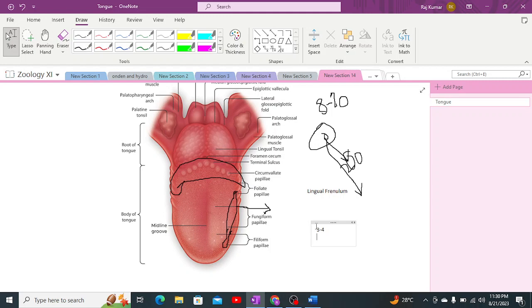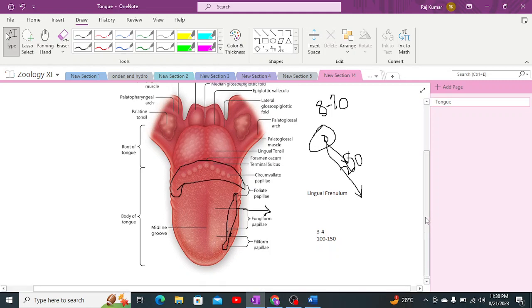In terms of size, these are quite small, but in terms of number, they are found in much greater quantity, almost 100 to 150, or maybe more than that.